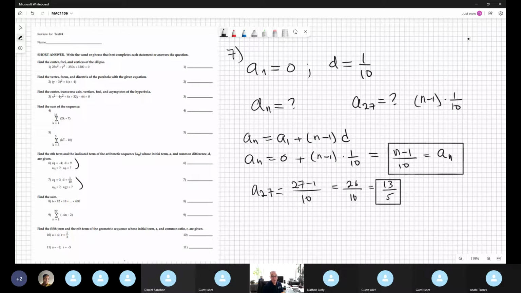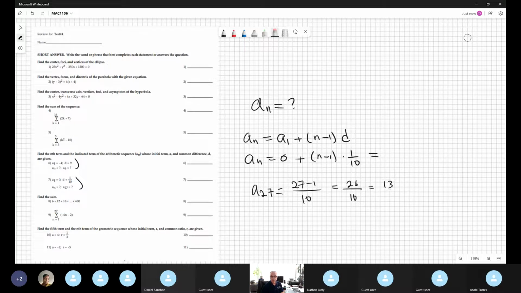Okay. Numbers 8 and 9 are different. There's also an arithmetic sequence, but a summation. Okay, number 8 is given.